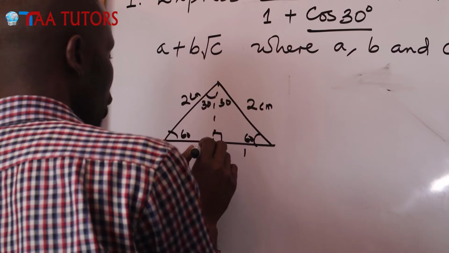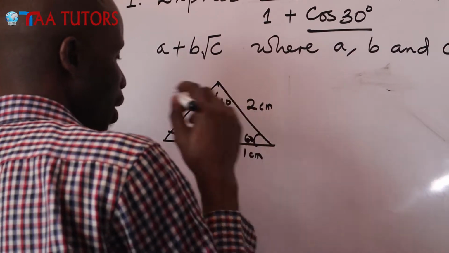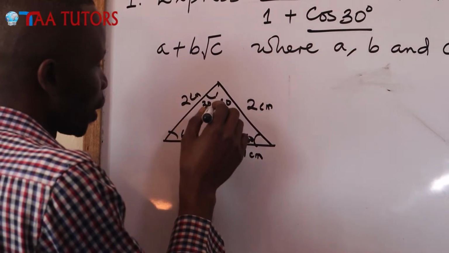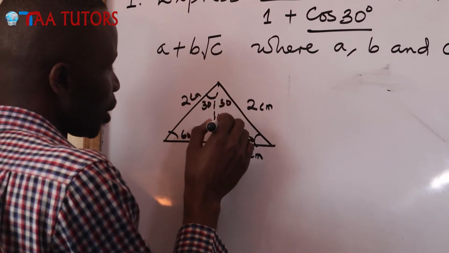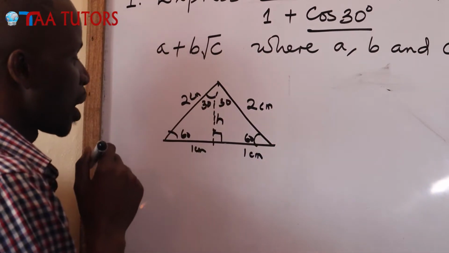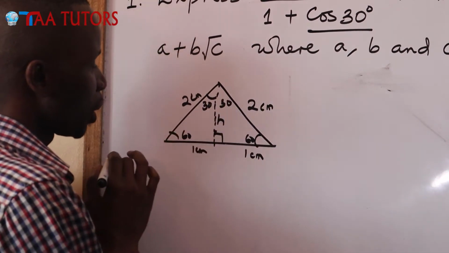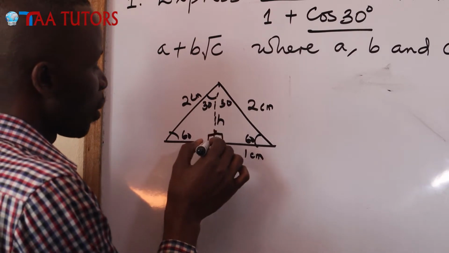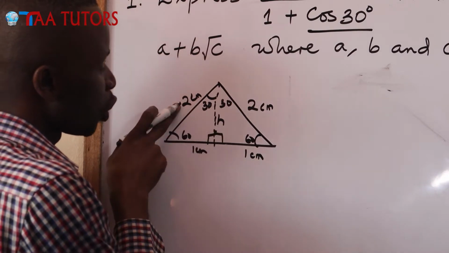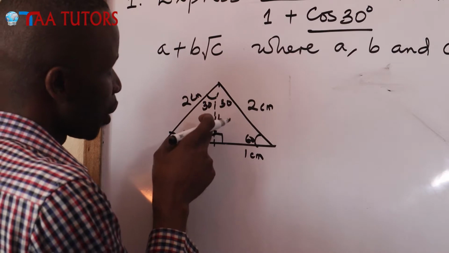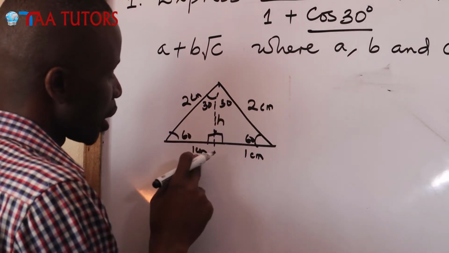Now, from yesterday, we also realized that we can get this height. We can't do without it. We have a right angle triangle here, where the hypotenuse is 2, this is h, the opposite side, and this adjacent is 1.